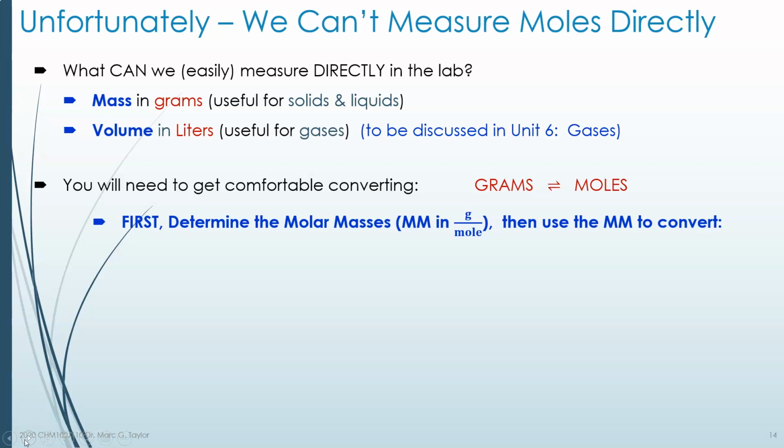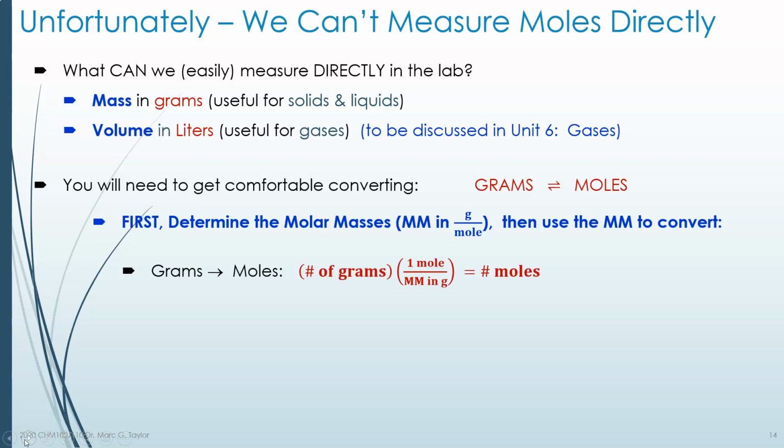But when you're going from grams to moles or moles to grams, you need a unit that has grams and moles in the unit. In molar mass, it's grams per mole, so both units are there. And that means you have to determine the molar mass of every single substance that you are calculating the grams or moles of. So each substance will have its own molar mass conversion factor.